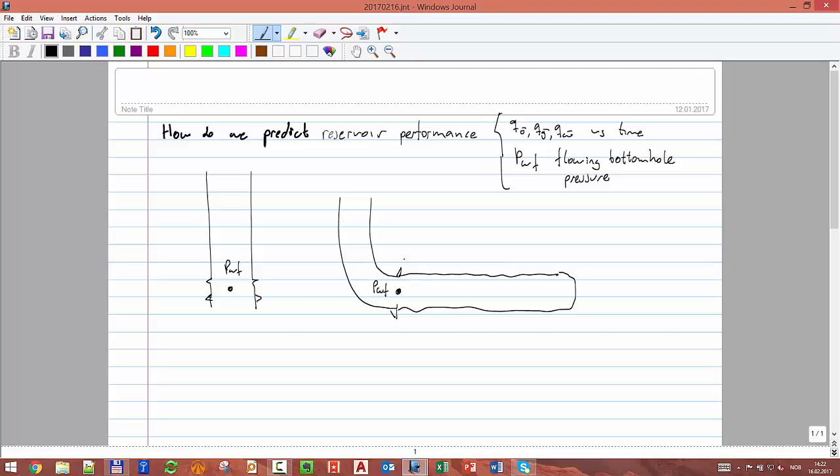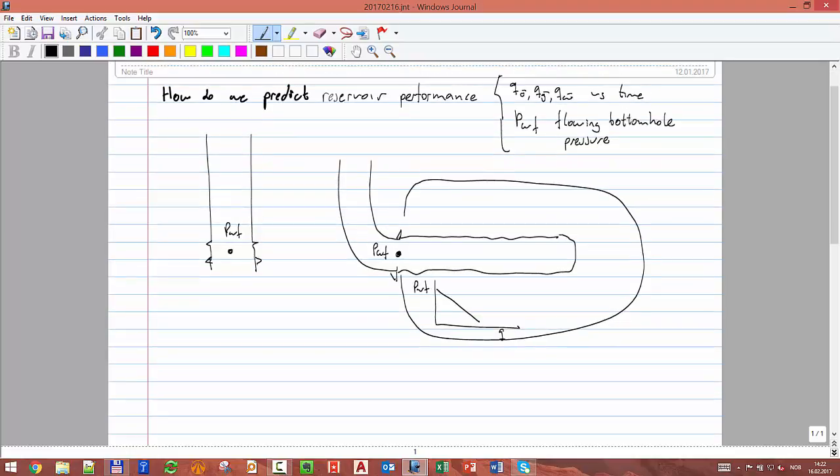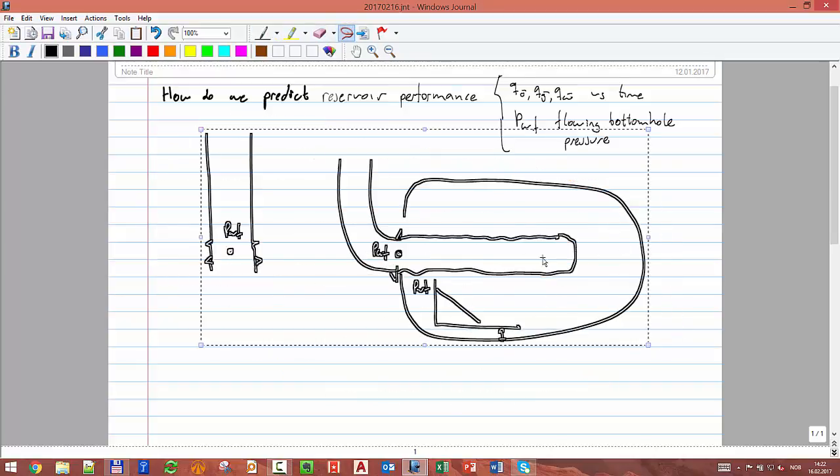That is representing in a way everything that happens up to that point, and representing that with the famous IPR that we discussed last class, Q versus PWF, in the reservoir. So just to clarify that.